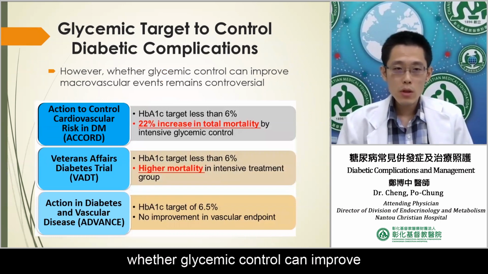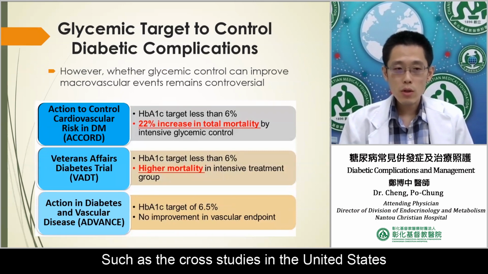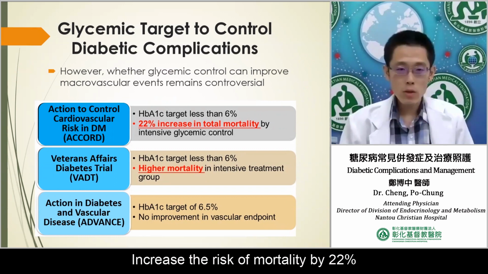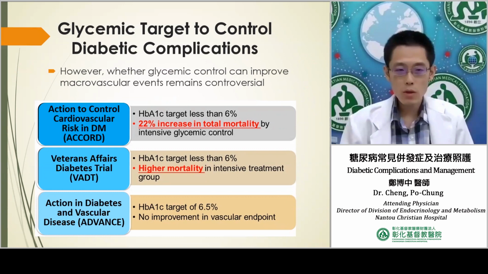However, whether glycemic control can improve macrovascular events remains controversial. The ACCORD study in the United States has shown that intensive glycemic control increased the risk of mortality by 22%, possibly due to increased risk of hypoglycemia and complications.